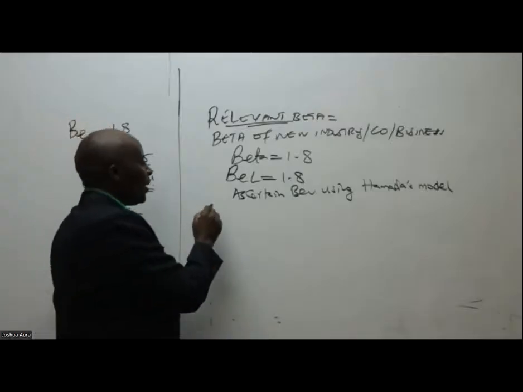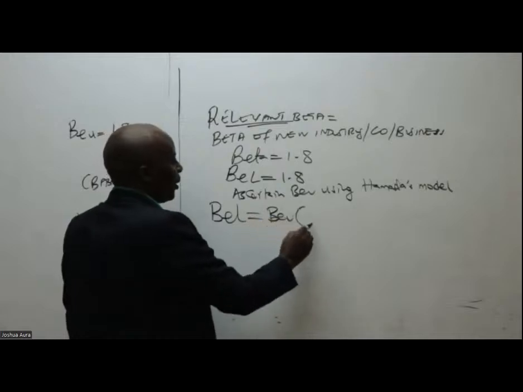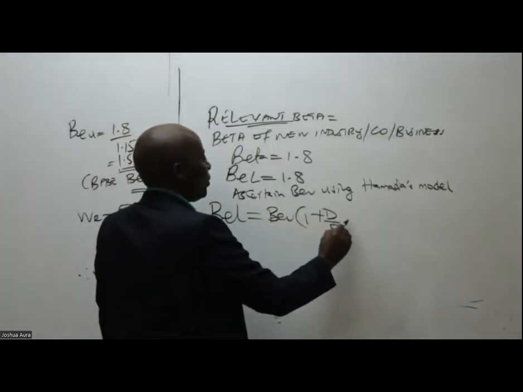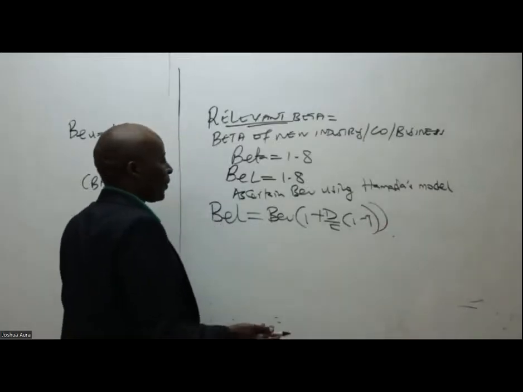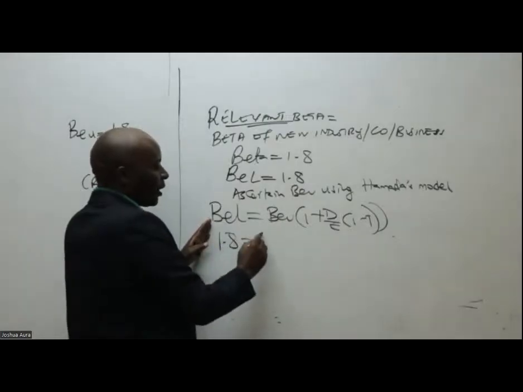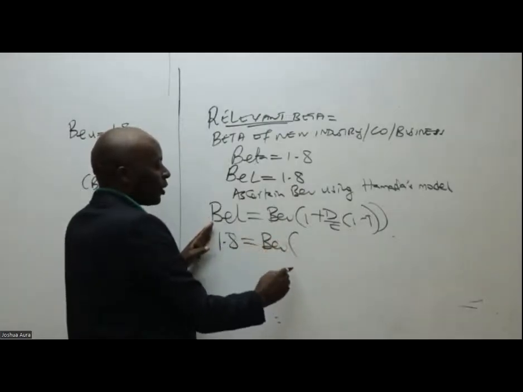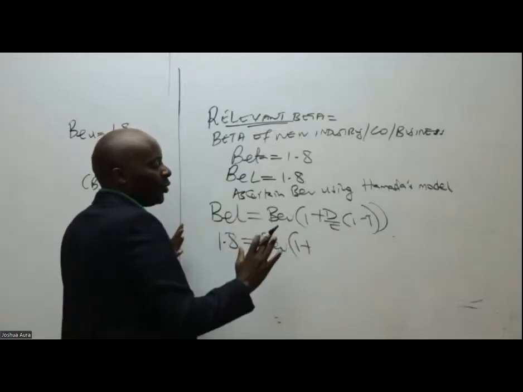So this is how Hamada's model looks: BEL equals BEU times (1 plus debt to equity ratio times (1 minus tax)). Whatever we have here is our BEL, 1.8. BEU is what I'm looking for. Remember, everything here is about the new business, the new industry.